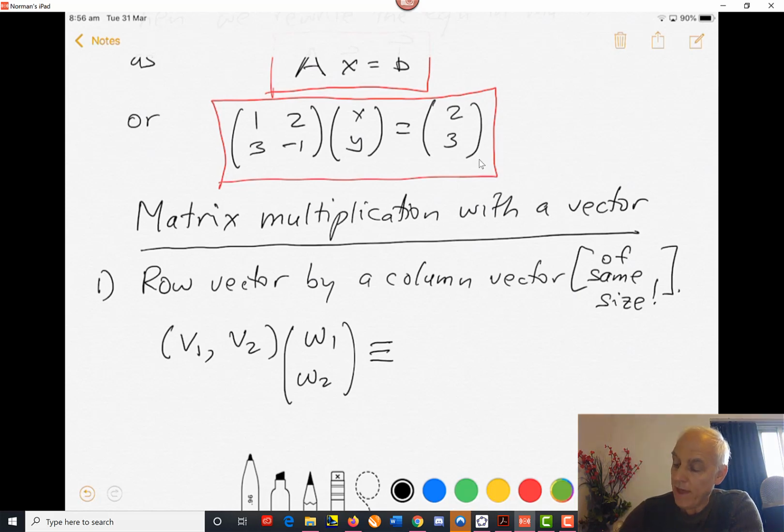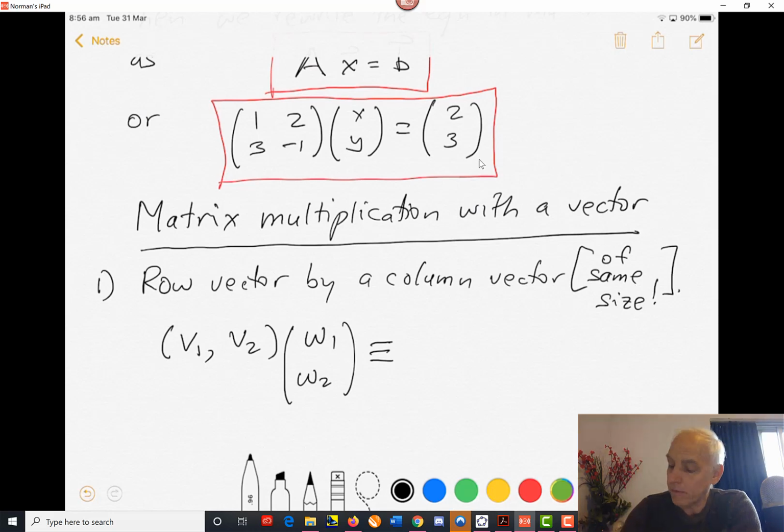And the definition of that product is, again, a 1x1 vector, which is the sum of v1 times w1 plus v2 times w2, all the way up to vn times wn. That's how we multiply a row vector by a column vector.